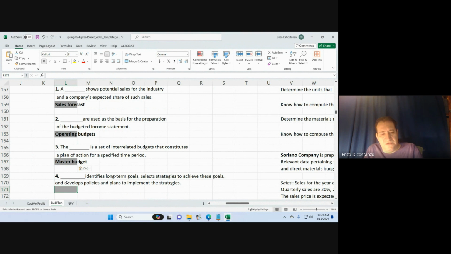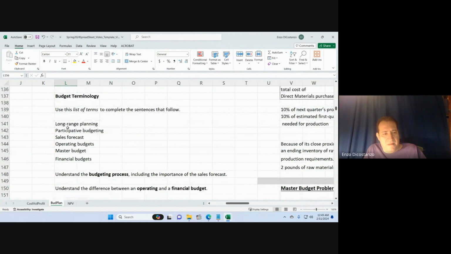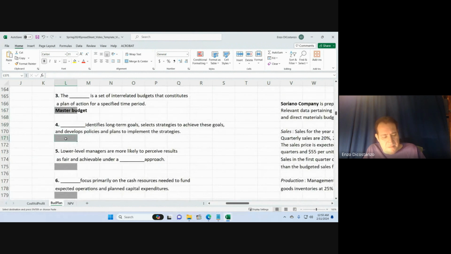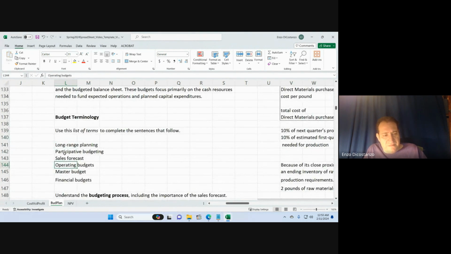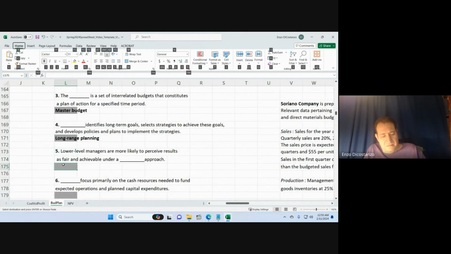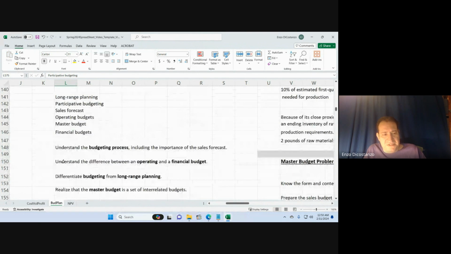Long-term goals is certainly the long-range planning version of things. Low-level management, that kind of thing, that's participative. And cash resources is the cash or the financial budget.